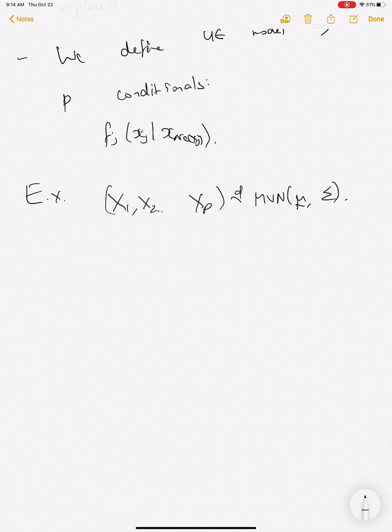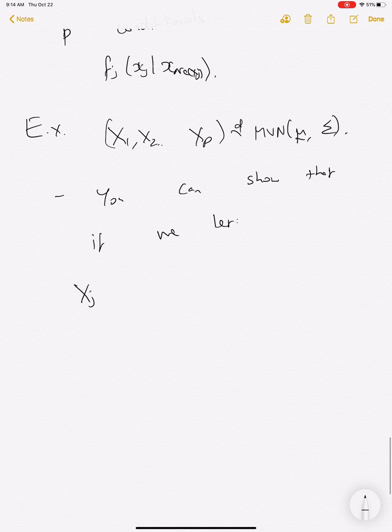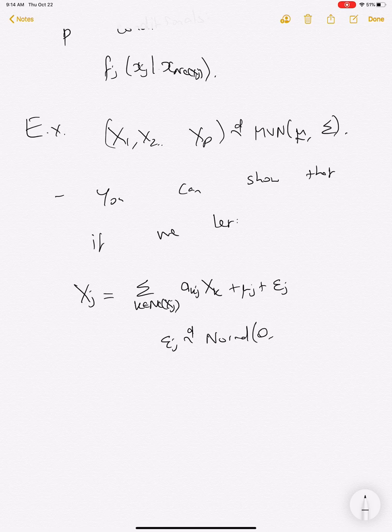And so we know that the overall model looks like that, and then you can show that xj equals the sum over the neighbors of xj of akj xk plus mu j plus epsilon j, where epsilon j is normal 0, sigma j squared.